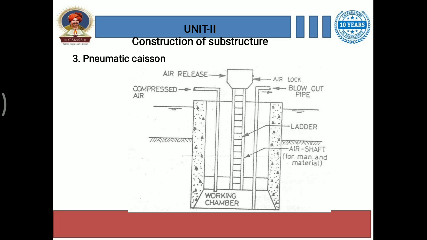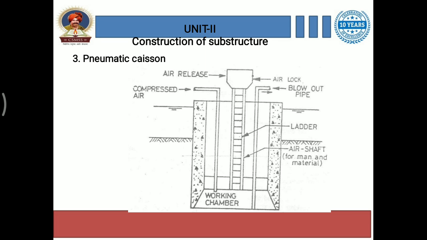And there is another part. You can see on the left side of the diagram there is compressed air. The artificial air is necessary to compress to remove the smaller parts during the earthwork. There is a working chamber at the bottom, then a ladder, the middle part, supporting member, that is ladder, and then there is a blowout pipe.